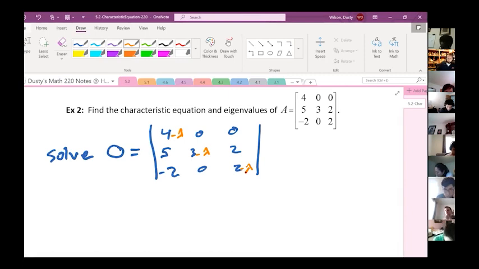Any particular rows or columns that you would recommend we expand across? Yeah, first row all the way.